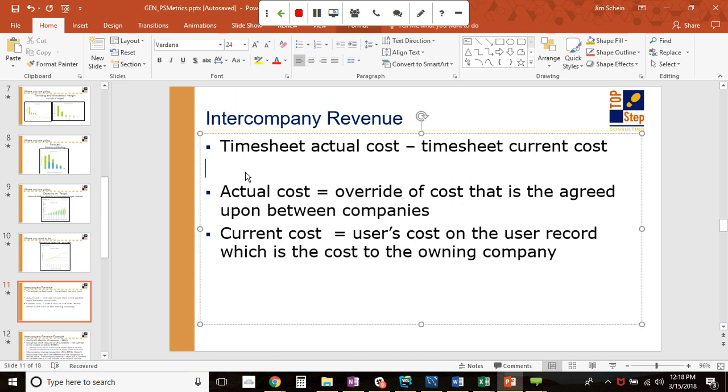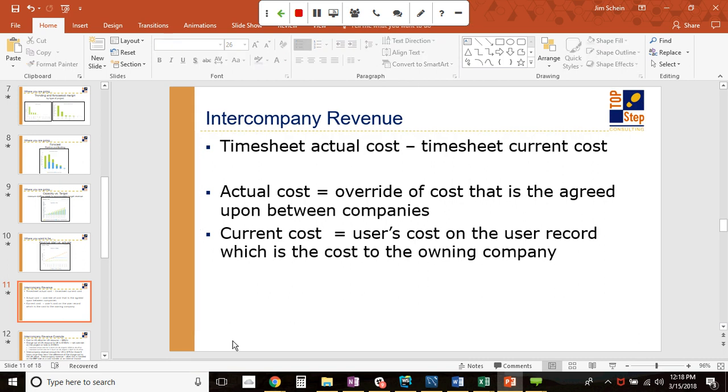So one of the things that you can do in OpenAir, the way that we would recommend approaching this problem, is to use this concept of intercompany revenue, where the timesheet actual cost minus the timesheet current cost is your key metric. Now, what does that even mean? Well, the actual cost is an override that you put in OpenAir of the cost that is agreed upon between the two quote-unquote companies, or departments in this case.